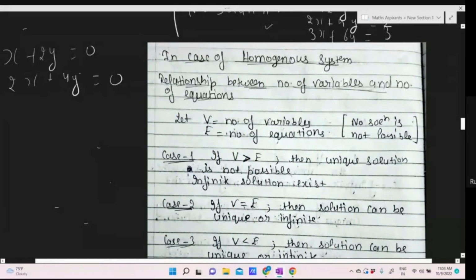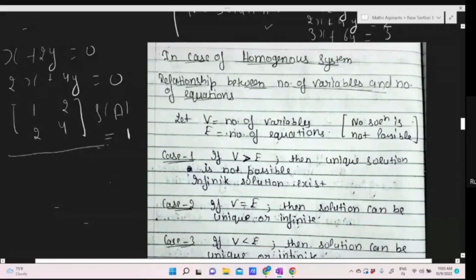Here you can see that the number of equations is equal to the number of variables, and the matrix is 1, 2, 2, 4. Here the rank of this matrix is 1. Okay, the solution is infinite.